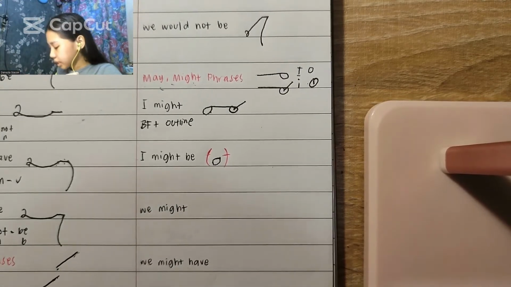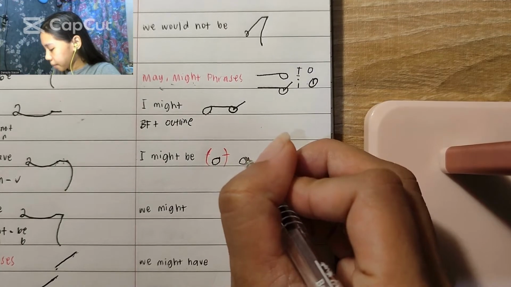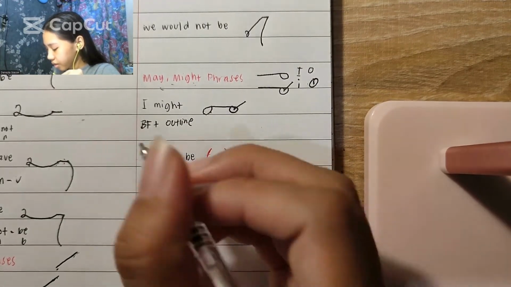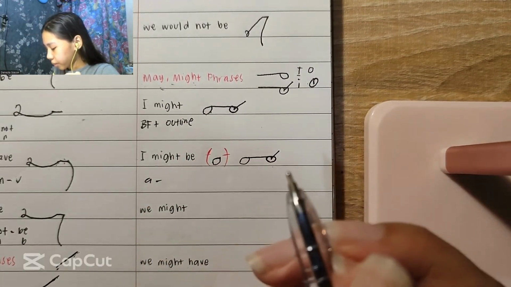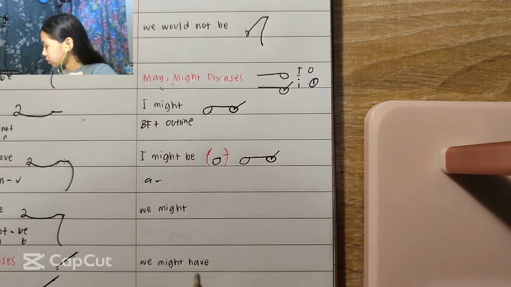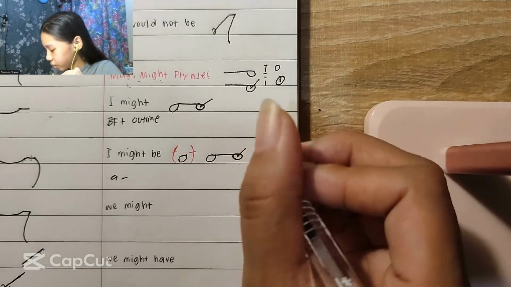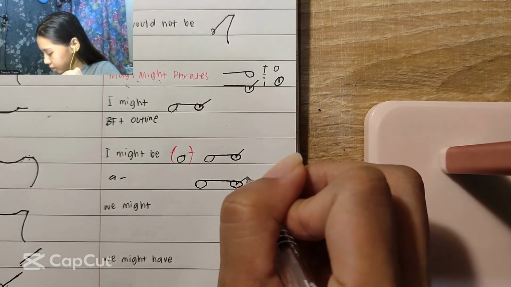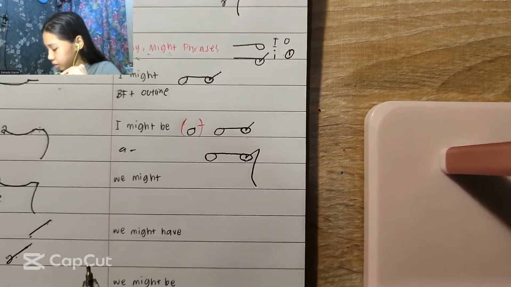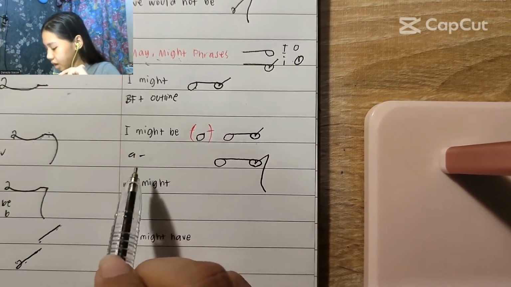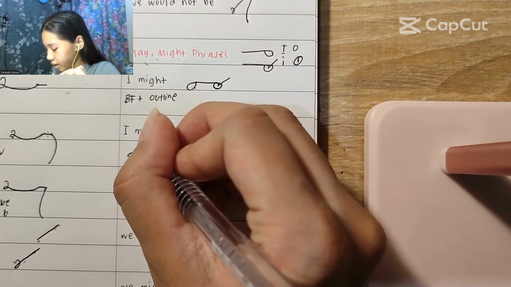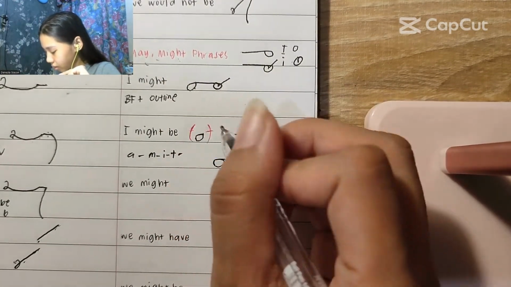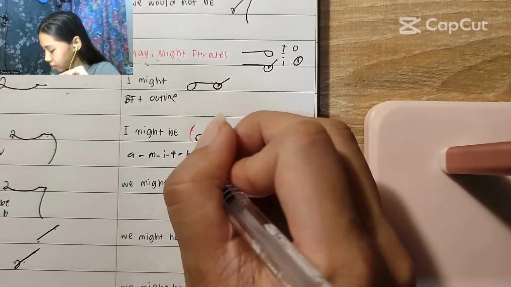Now, I might be: for our pronoun I, we have A. For our might, we have M, I, and T sounds. And then for the brief form B, we have the B symbol.